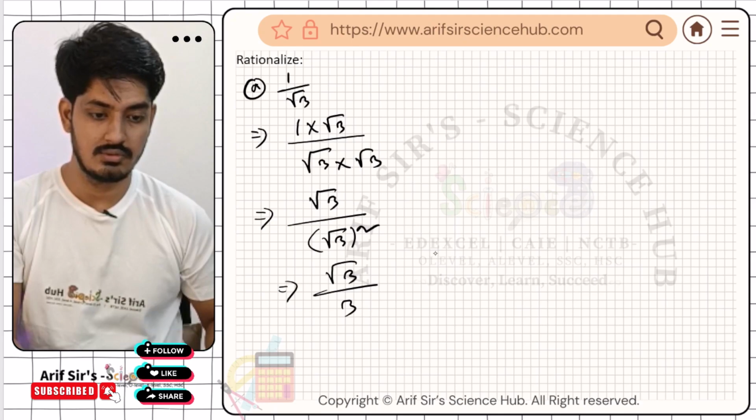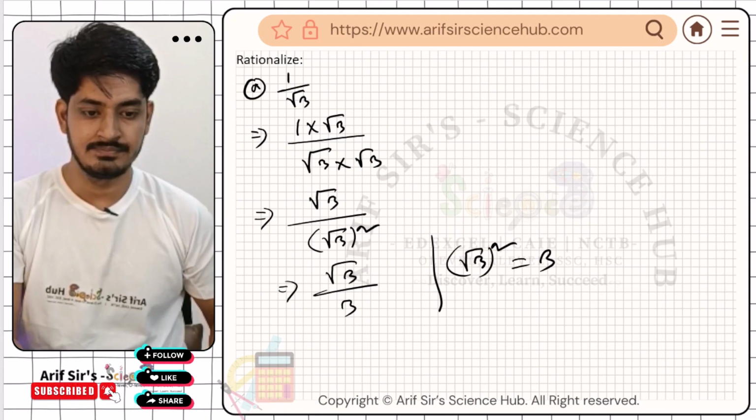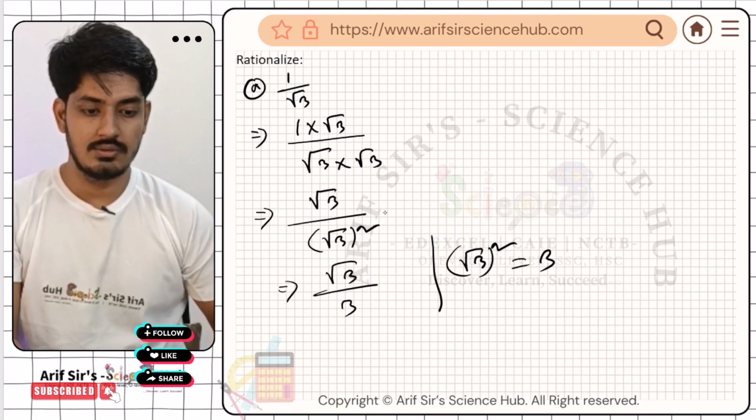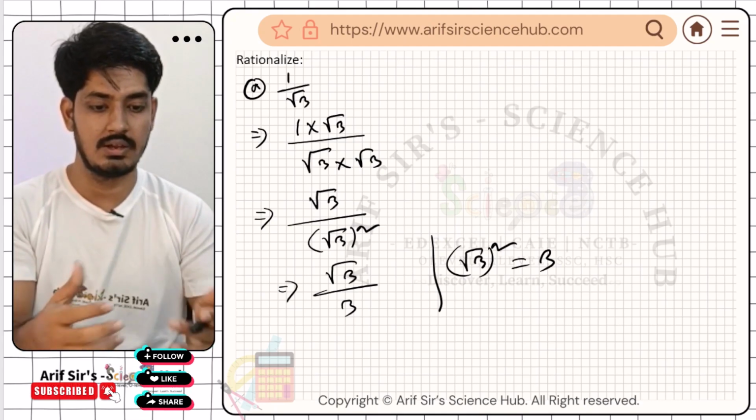Because we know that square root 3 whole squared is equal to 3. So this denominator is now rationalized. It doesn't have any surd.